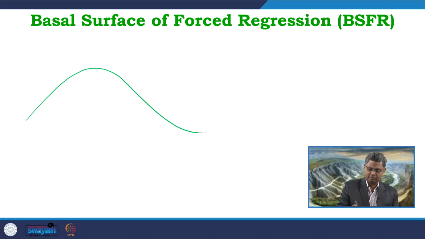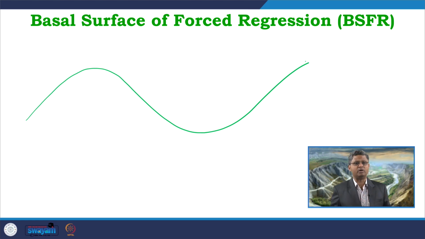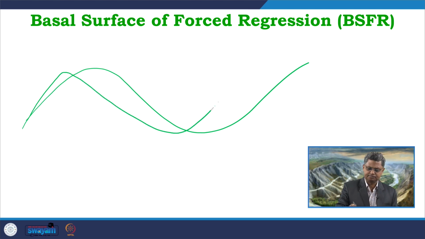So, how do we define this basal surface of forced regression? If I refer back to the simple base level curve that we have discussed earlier, and we get the TR curve which goes on like this with an offset, this is the peak of the transgression, and from here the regression starts.